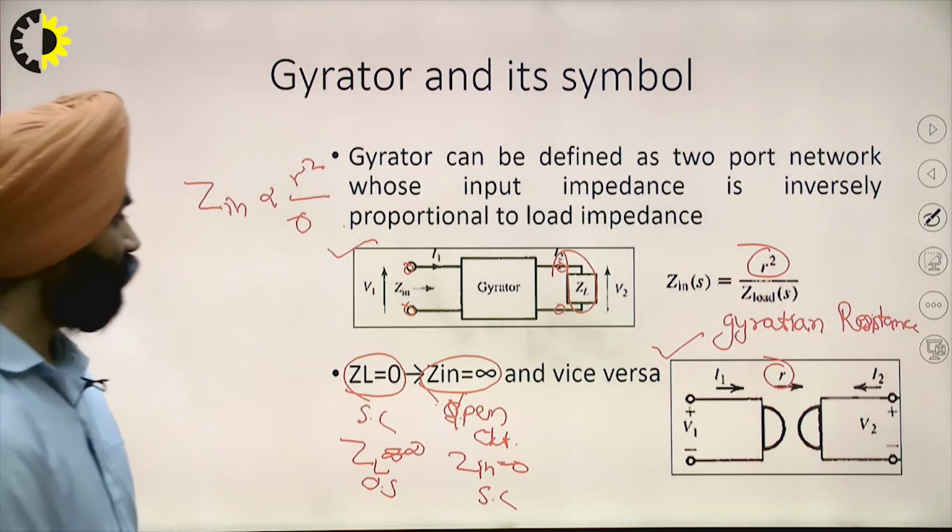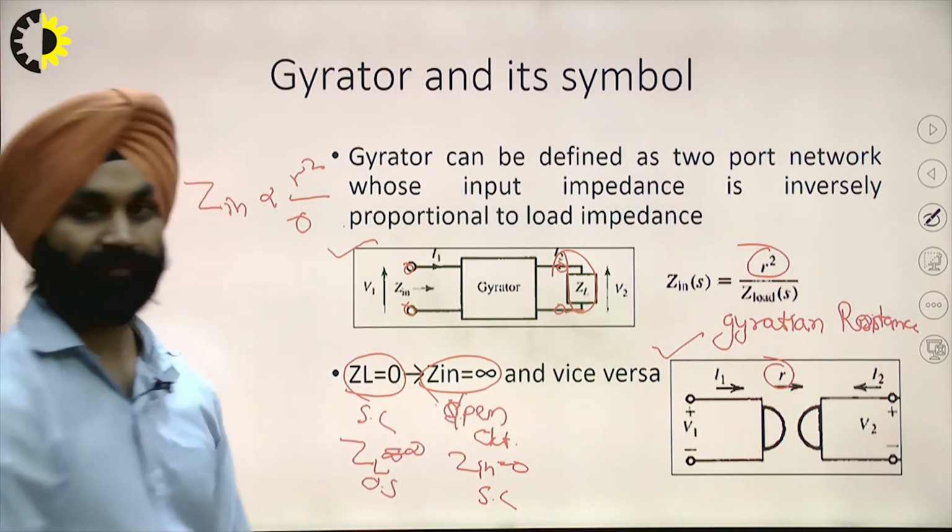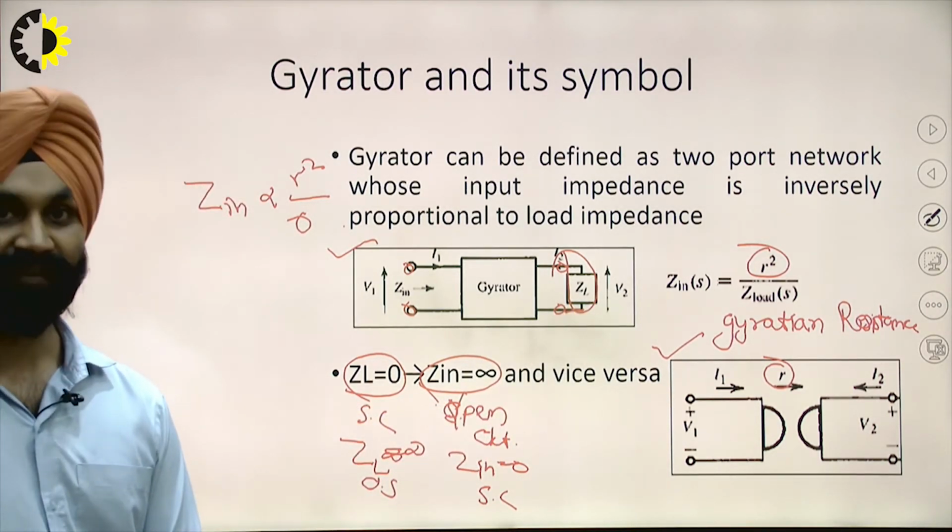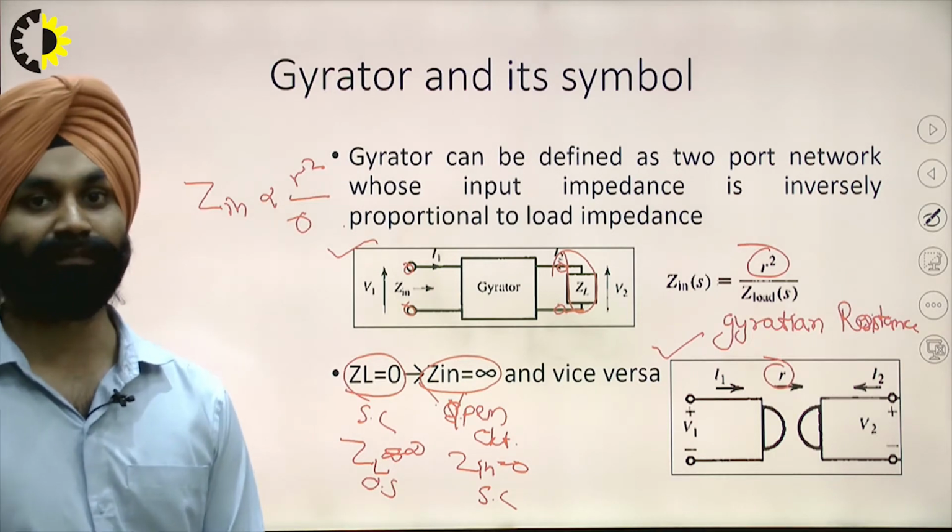Further, the nature of this ZL can define how the gyrator is behaving.